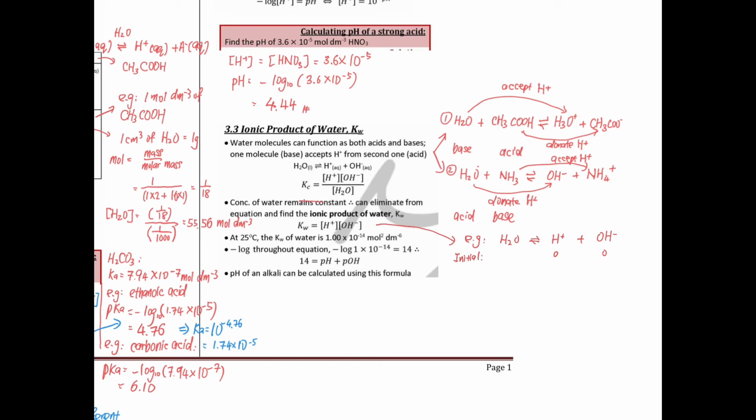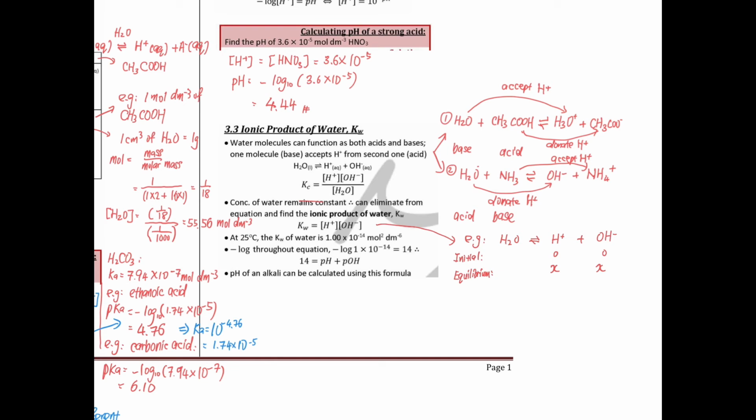At equilibrium, a small amount of H2O will change to ions. Let's say the concentration is an unknown X for H+. The ratio here is 1 to 1, no number means 1. So if H2O forms X mol per dm cube of H+, then it should form X mol per dm cube of OH-. It should be the same.